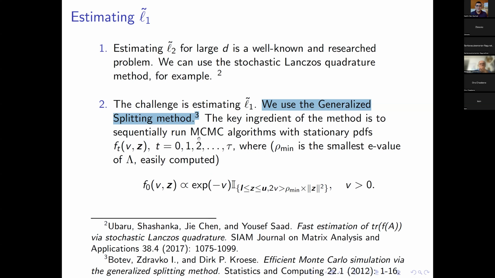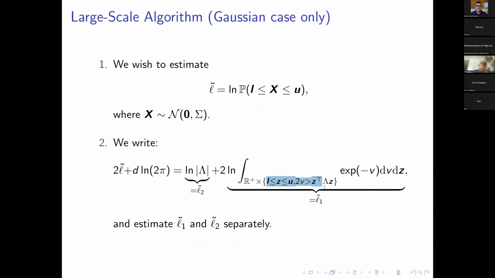This method requires running a Markov chain Monte Carlo algorithm that will sample uniformly over this region. So this region incorporates the constraints that Z has to be between L and U, and also has this quadratic term which has to fall in some set. This set is a convex set.